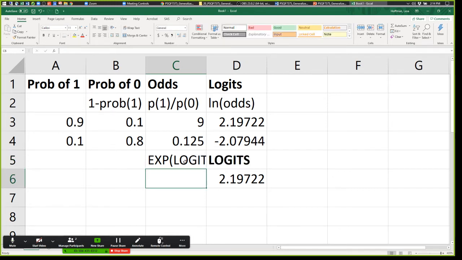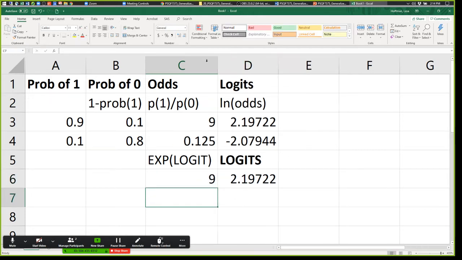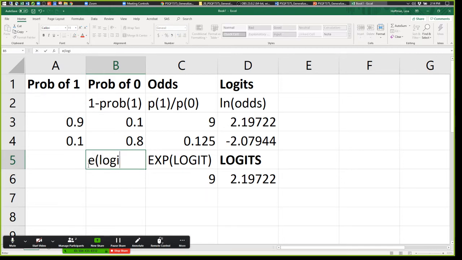Right? Now, how do I go back to probability? I always skip over odds in my head. It's e to the logit over 1 plus e to the logit.